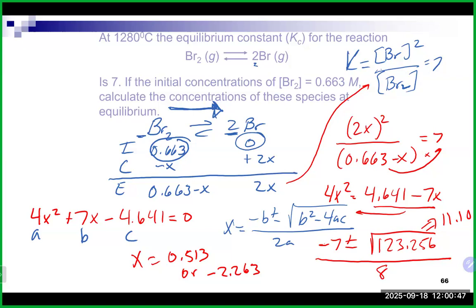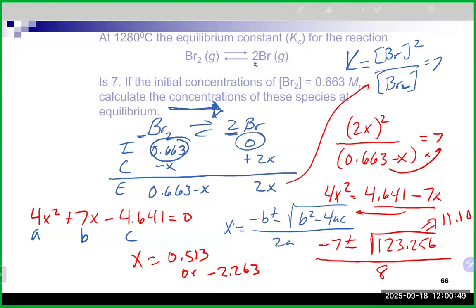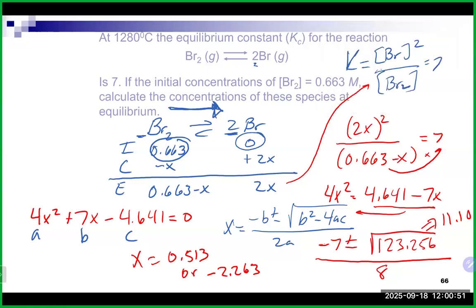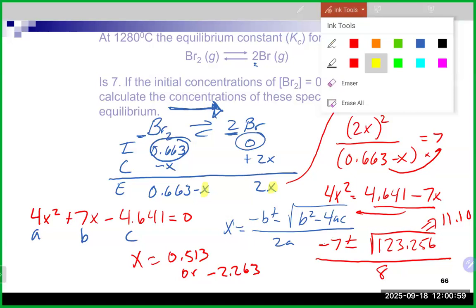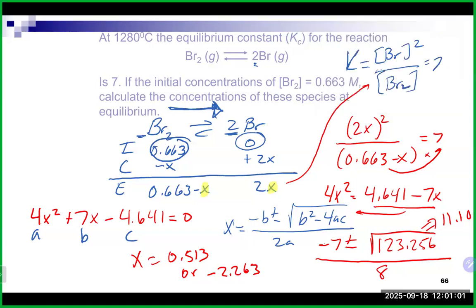Now that we have this, obviously we want to pick the X value that's going to help us here. That X value is going to go into this spot here on our equilibrium line. And you could probably just see from looking at the number here, this one is not going to be so great because if I take 2 times negative 2.263, I'm going to end up with a negative number, which you cannot have as a negative concentration.